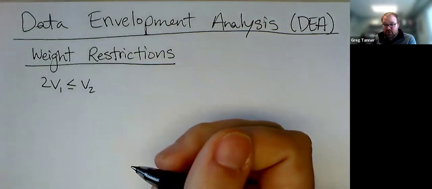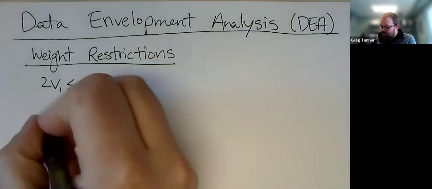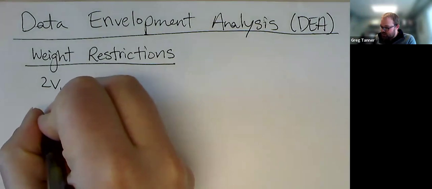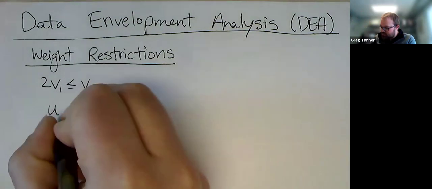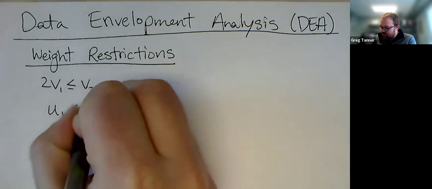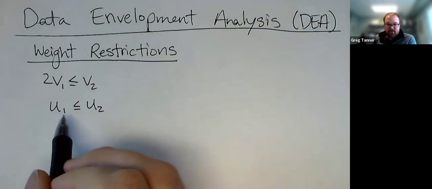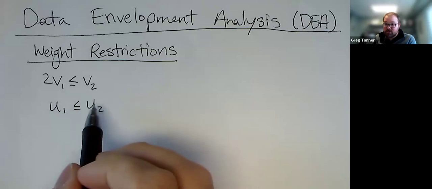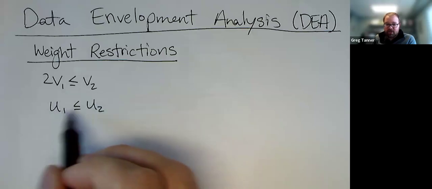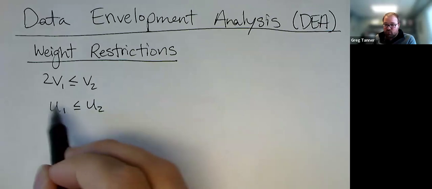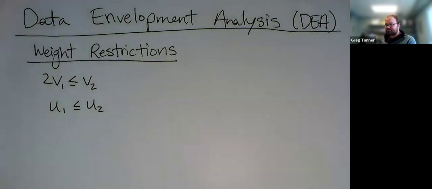We could also put weight restrictions on our inputs. And so we could say U1 is less than or equal to U2, meaning that U2 is more costly to us. And so we want to make sure that the cost of U2 is more than the cost of U1.